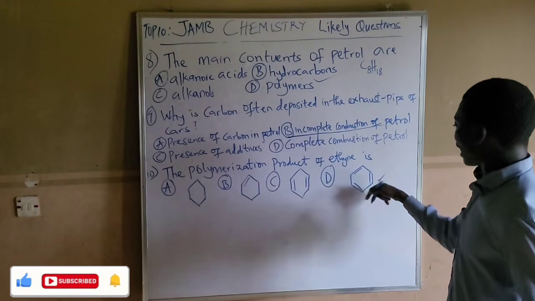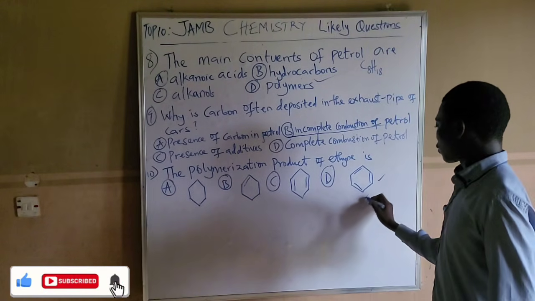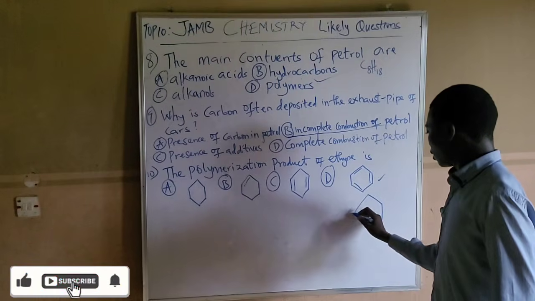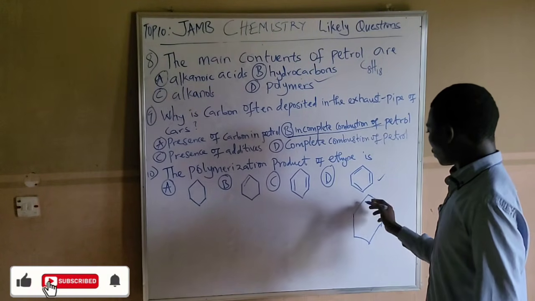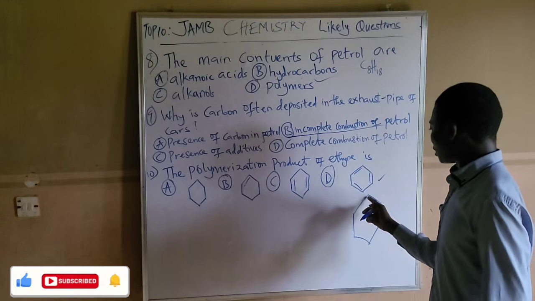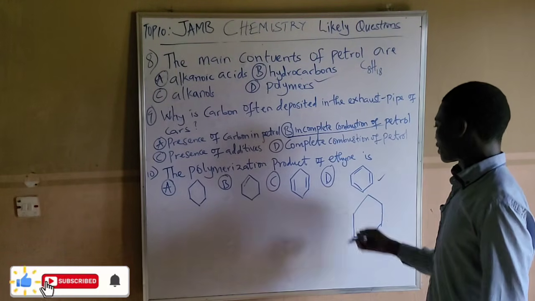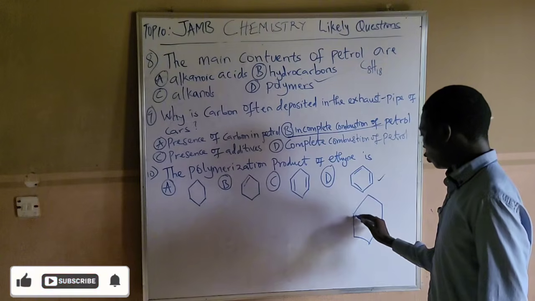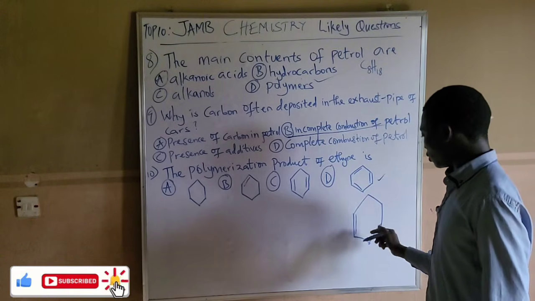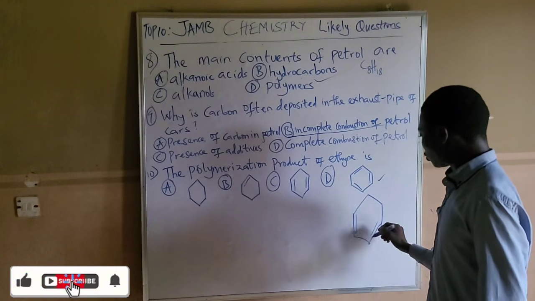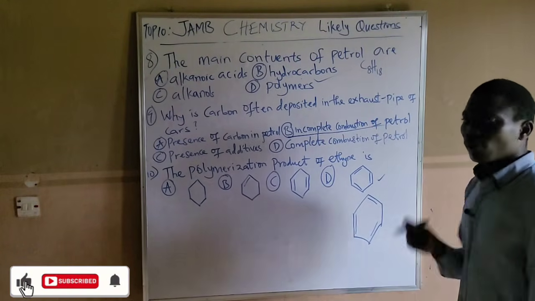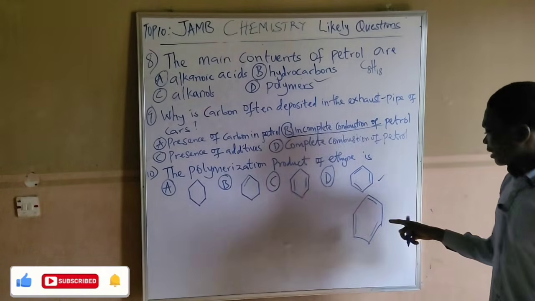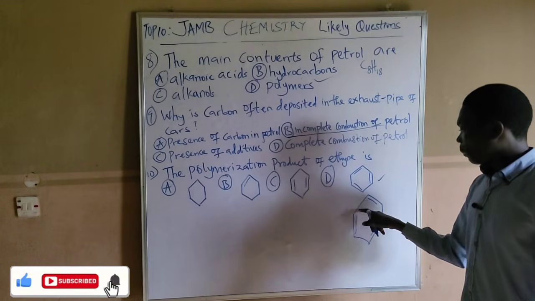Another way you can write benzene is you can also see it like this. What matters in how you put your bonds is that I can decide to start here, it does not necessarily mean I have to start here. But the rule is that when you put it on the first one, don't put it on the second one. Put it on the third one. Don't put it on the next one. Put it here. Why? For your question, why is it that we don't put it here again and here again?